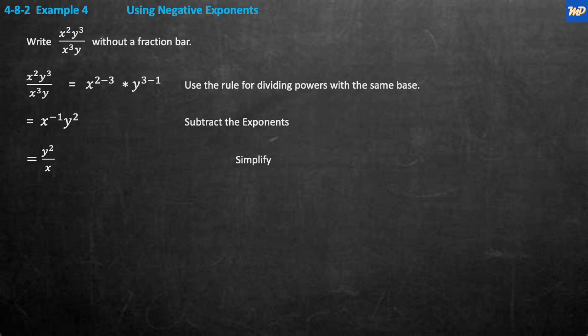So what are they doing here? They're showing us the expression. They say that this is equal to x to the 2 minus 3, and y to the 3 minus 1. So when we carry out the mathematics here, we have x to the minus 1 y squared.